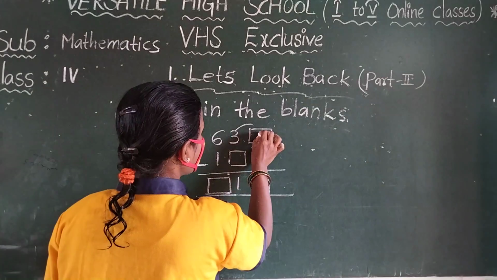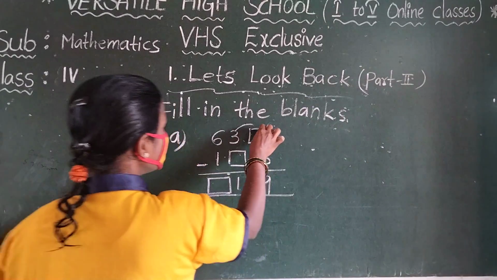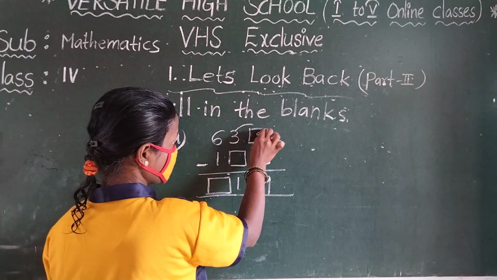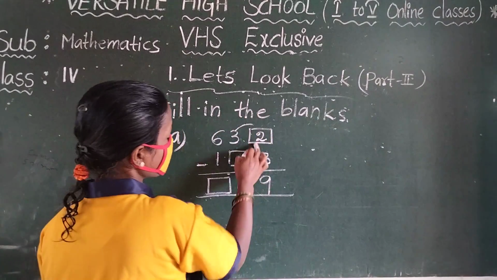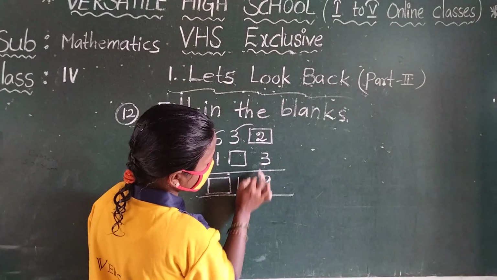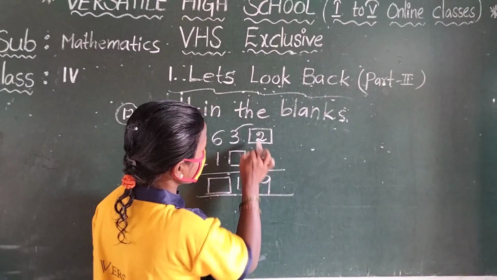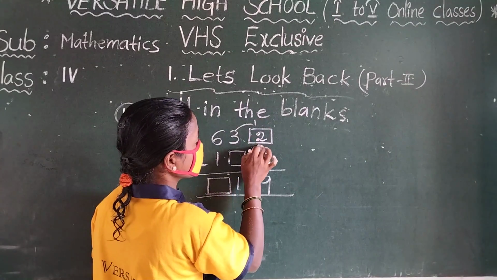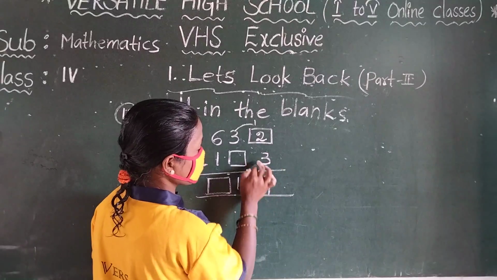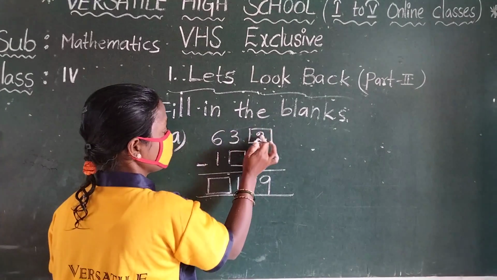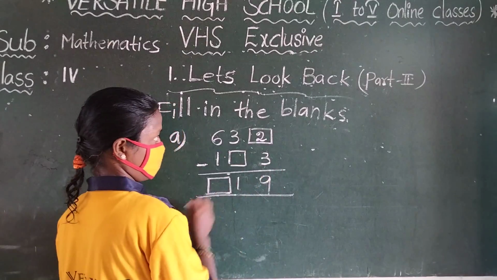That means the number you write here is 2. 2 minus 3. 9 plus 3, what is that? 9 plus 3 is 12. So you write only the borrowed 1 there. What do you write here? 2. 9 plus 3 is 12. Is 12 right? Yes. So 2 minus 3, 9.